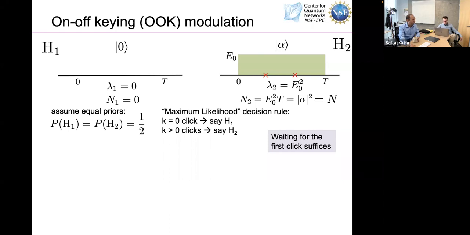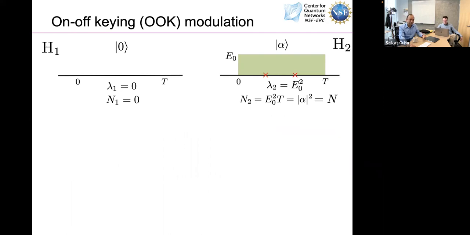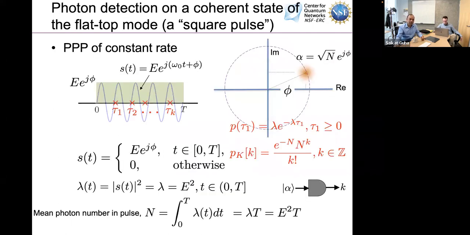In all of my notation, I'm using capital letters for random variables and lowercase letters for instances of the random variable. So little k is a random number and capital K is the random variable.